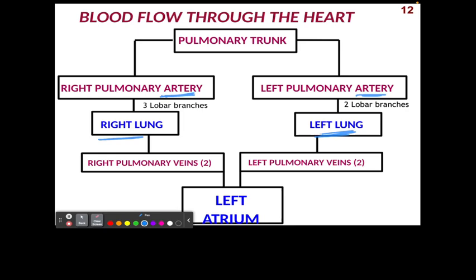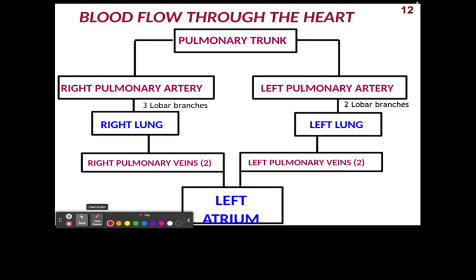From here, we are going to jump into the right and left pulmonary veins. Remember, veins bring blood to the heart. So the right and left pulmonary veins, these are the lung veins. They bring them back to the heart with oxygen to the left atrium.